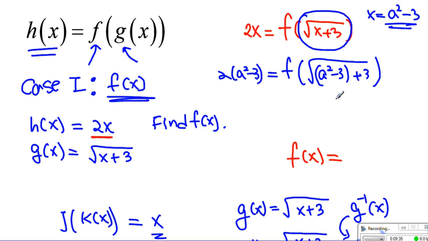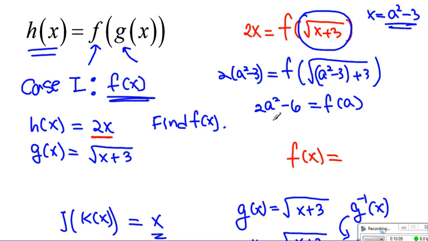So then, in this case, on the left side we will end up getting 2a squared minus 6, and on the right side we end up getting f of a. Now, technically, square root of a squared would have been the absolute value of a, but for simplicity's sake, we just want to put it as a, and we're going to assume that a is a positive value that's allowed within the given domain.